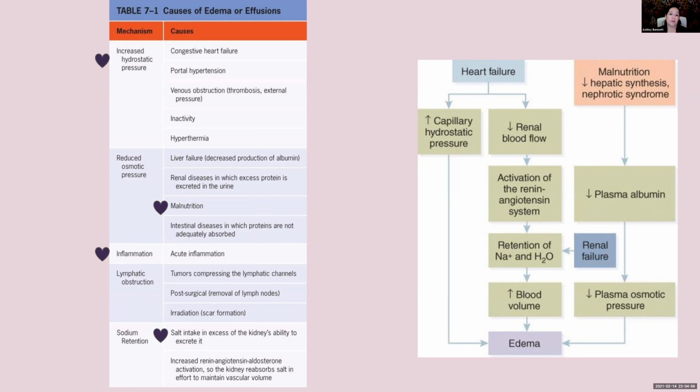And so they're going to implement different mechanisms to adapt to this and try to conserve water by conserving fluid, by increasing volume, by increasing pressure. And then the other pathway on the right shows how malnutrition works. And remember, that really affects your ability to create these big macromolecules, the albumin. And so that's going to decrease your osmotic pressure. And then that creates edema.